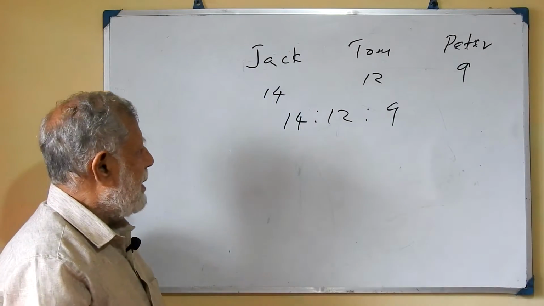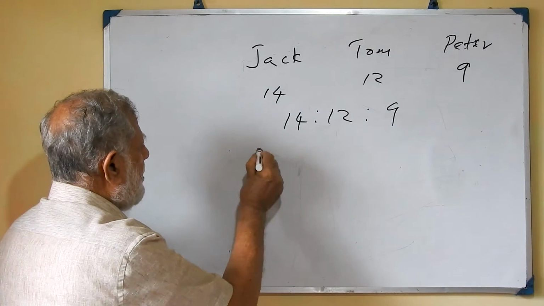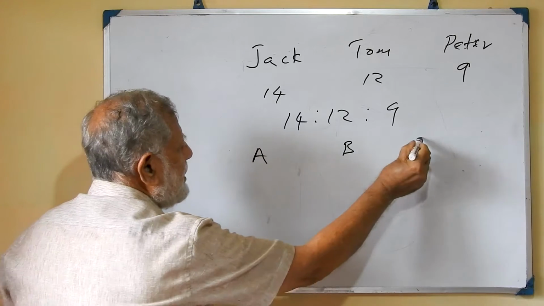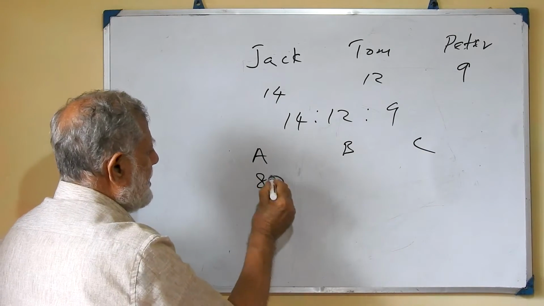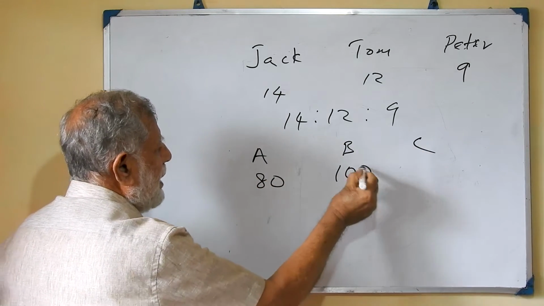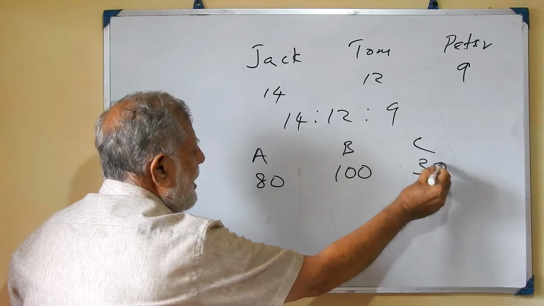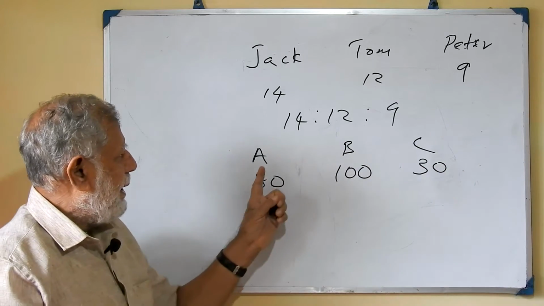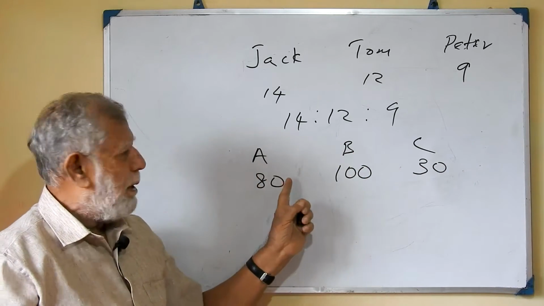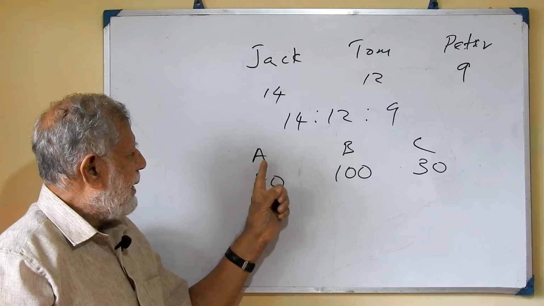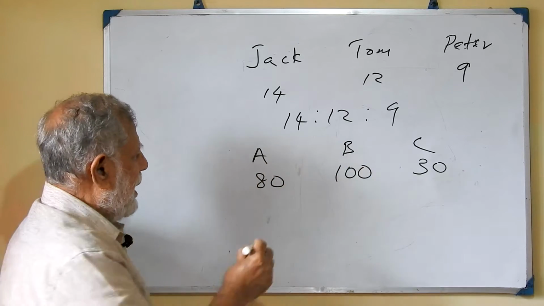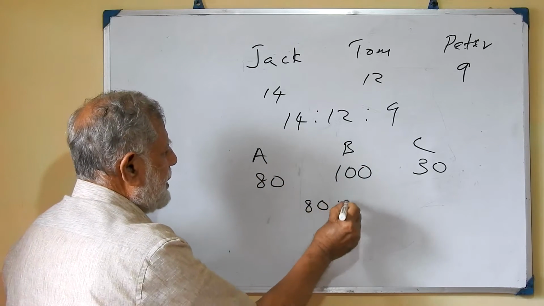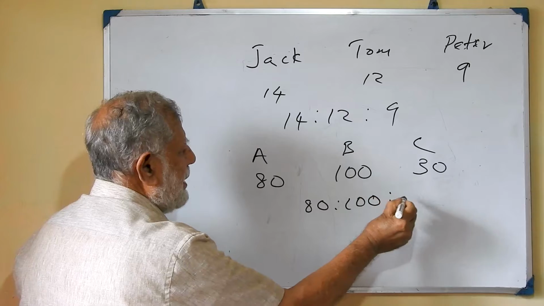We'll take another example. Supposing there are three boys, A, B and C. A has 80 rupees, B has 100 rupees and C has 30 rupees. So the ratio of the money that A, B and C have, we write as 80 is to 100 is to 30.